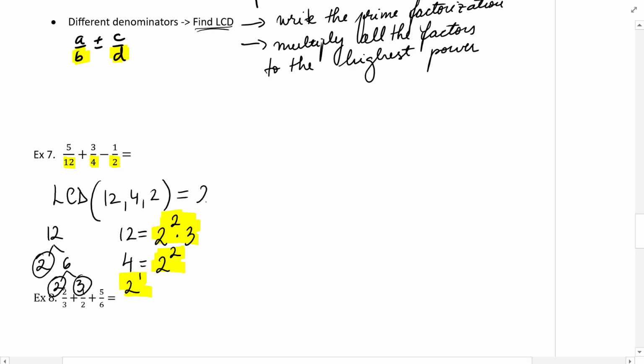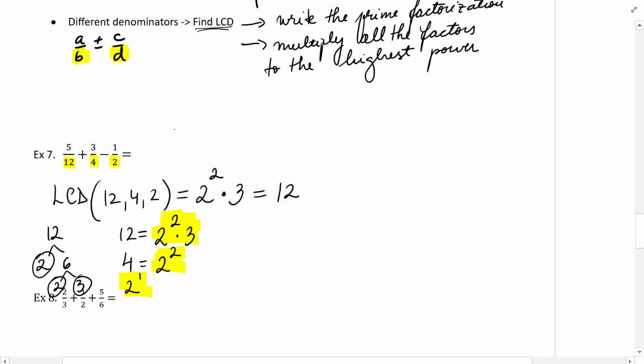So 2 is a factor, but here it's 2 to the first, 2 to the second, 2 to the second. So 2 to the second is the highest power. And then times another factor, 3. So when we multiply this, we get 12. So the LCD of our fractions is 12.